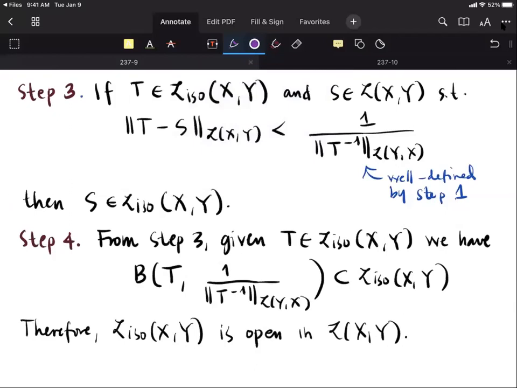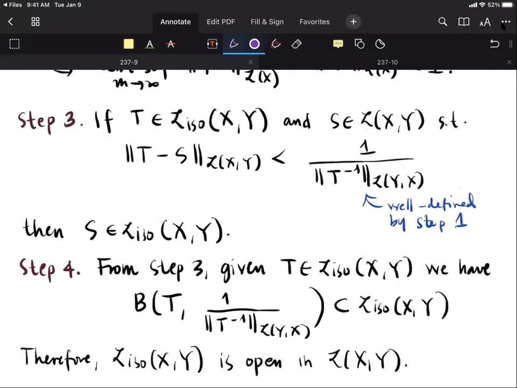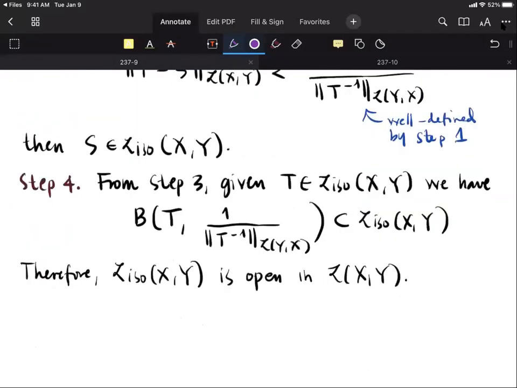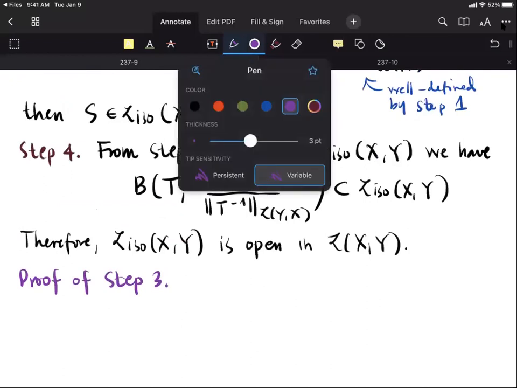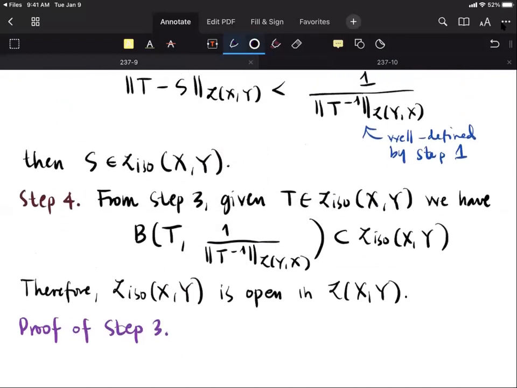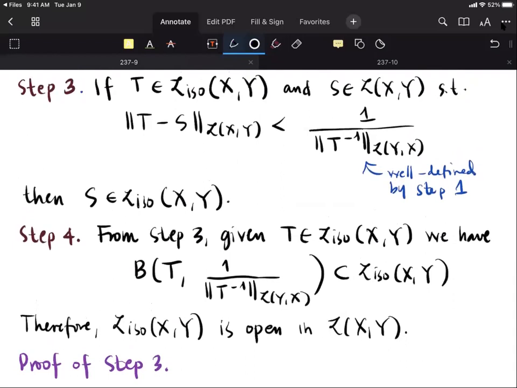Okay, so let us prove step 3. We need to show that if S satisfies this property, then S is an isomorphism. Since it is bounded by assumption, it suffices to show that it is invertible.